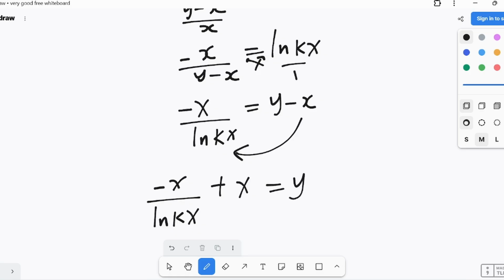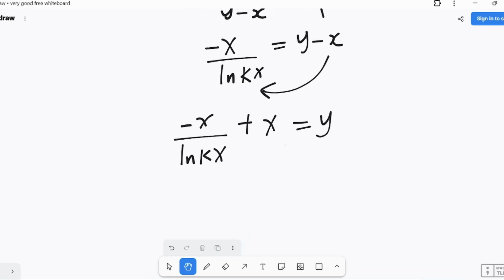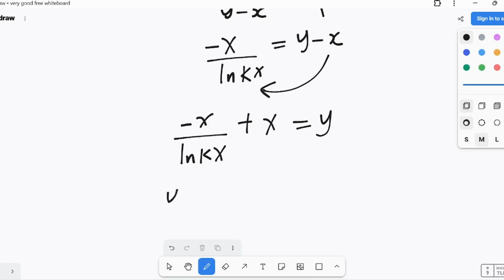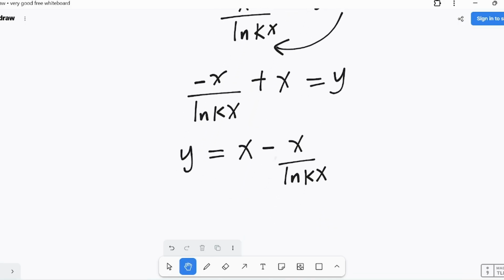Rewriting it very well, we shall have y is equal to x minus x out of ln kx. You can just pull out the common factor in this case.